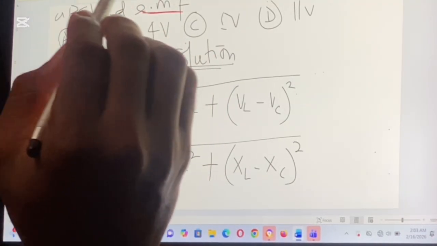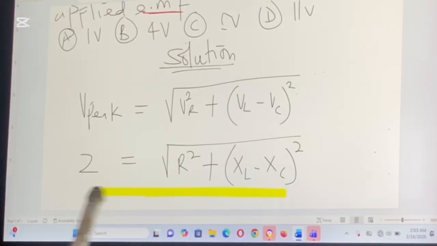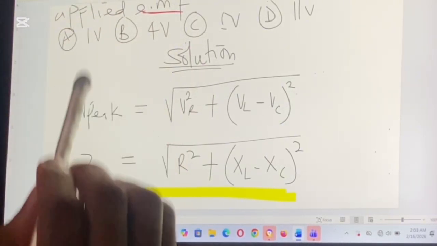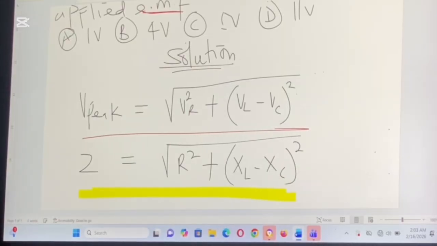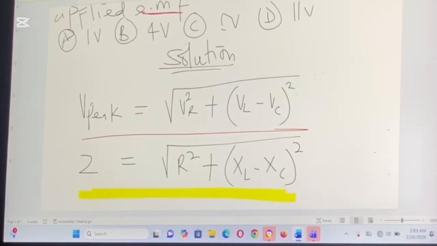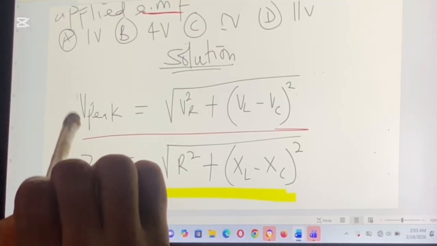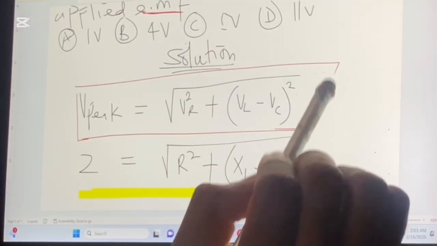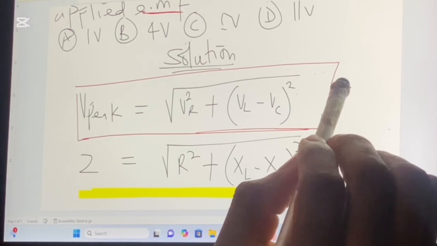Do you understand? Have you seen this formula before? Please take notes. But we are not asked to find impedance in this question. We are asked to find peak or effective voltage in this particular AC circuit, so we use this formula here.